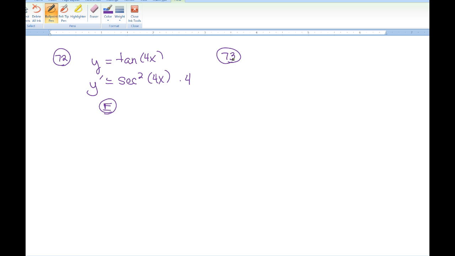And then 73, which of the following is the derivative for cosine squared of x cubed plus x squared? You actually have 3 things. You have to do the derivative 3 times here. If it helps you, write it this way. Remember when I said if you have a function like cosine, sometimes you'll have logarithms. We didn't get to them yet, but we will learn those derivatives also.